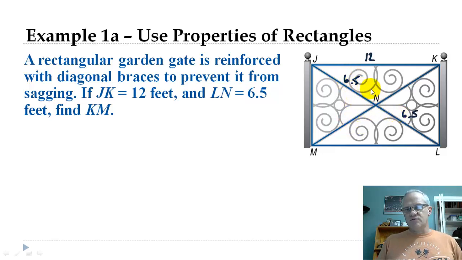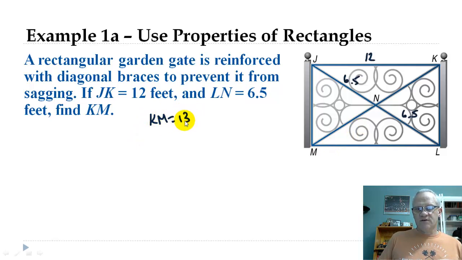So together, that would be 13, right? And since JL is congruent to KM, then KM would also have to equal 13 feet.